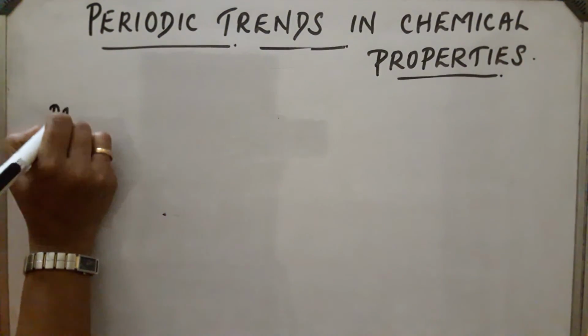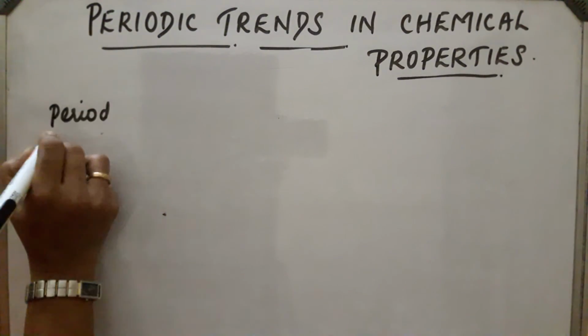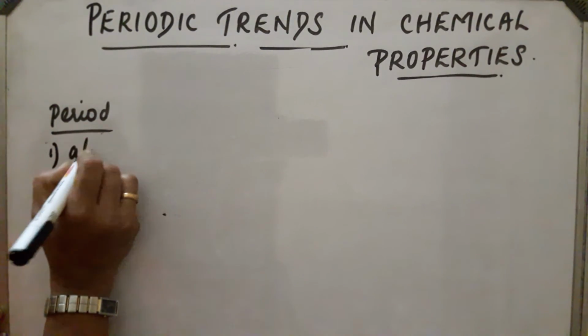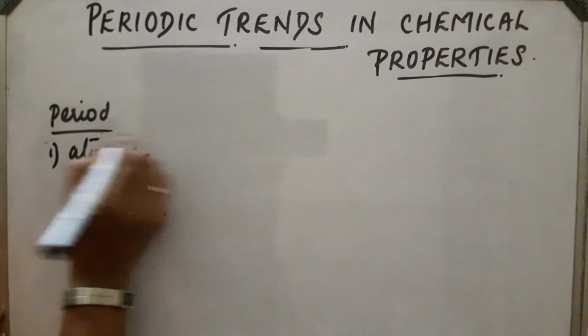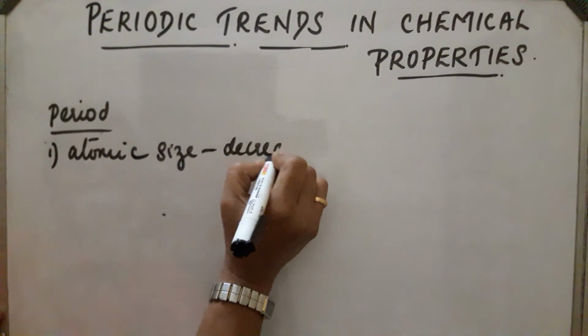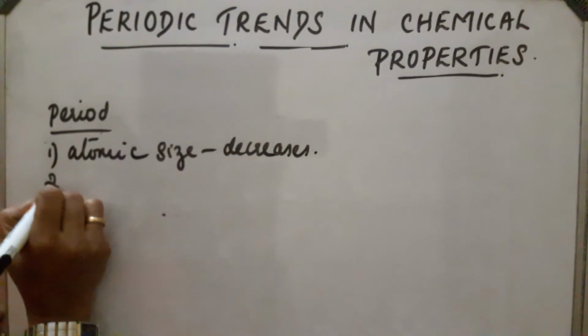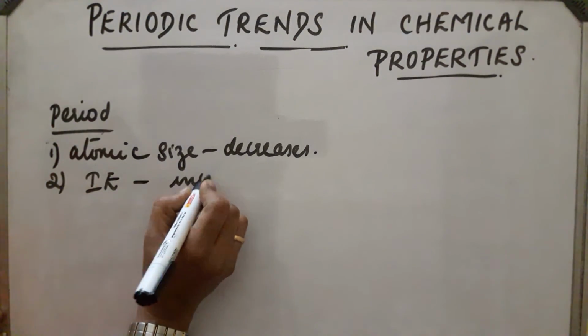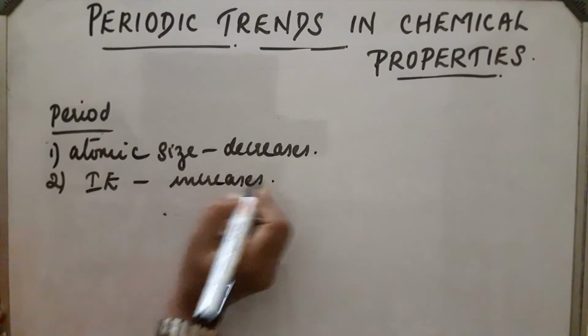First, the case of a period, from left to right. The reverse will be the case for a group. So study any one of period or group, and the reverse will be the other. First one is atomic size. Atomic size decreases from left to right. Then ionization energy increases from left to right.